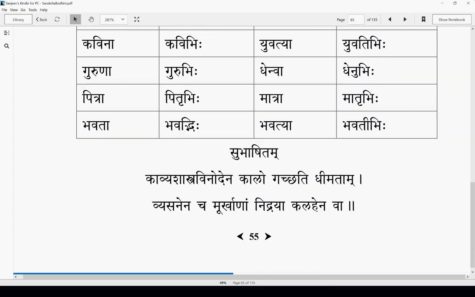Subhashitam, subhashitam. Okay. Veena, want to read this? Subhashitam. No, it is difficult for me. Sorry. Veena? Difficult? What is difficult? First letter? I don't know.